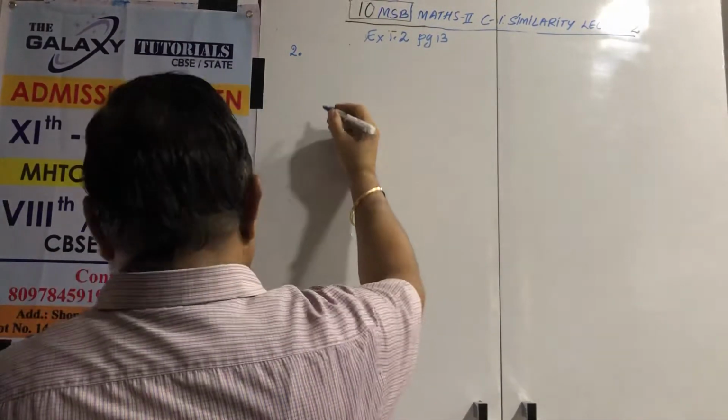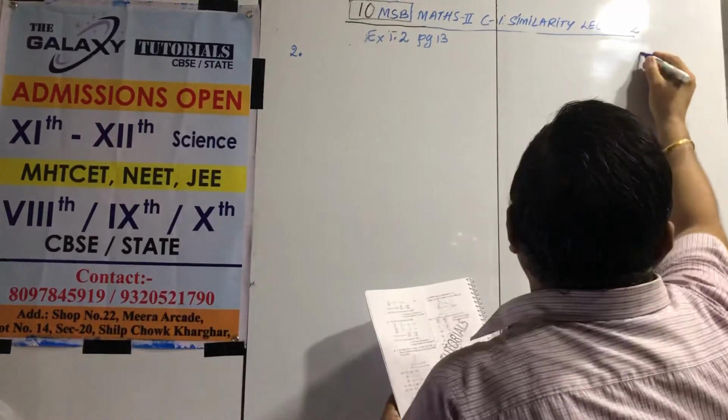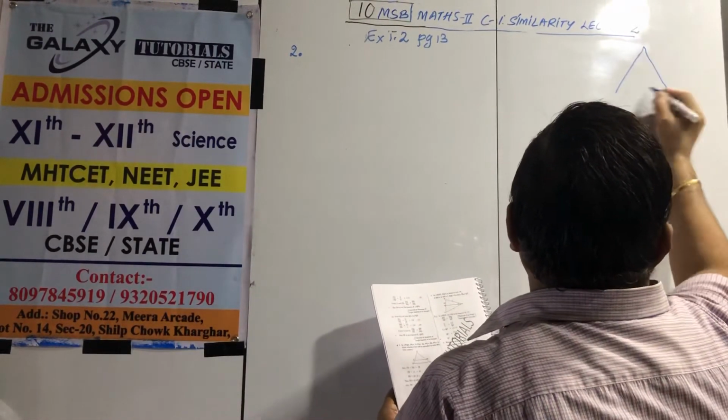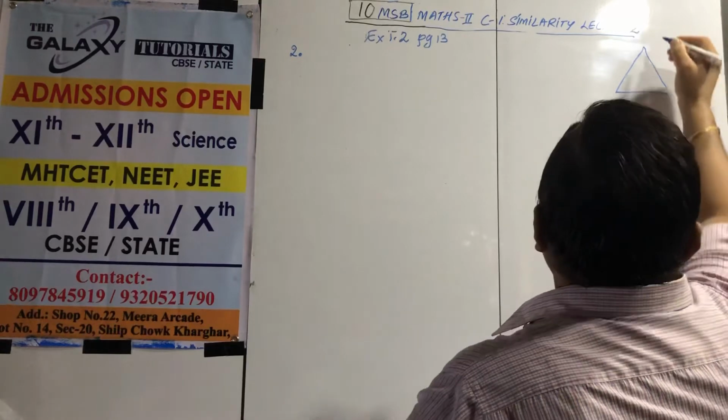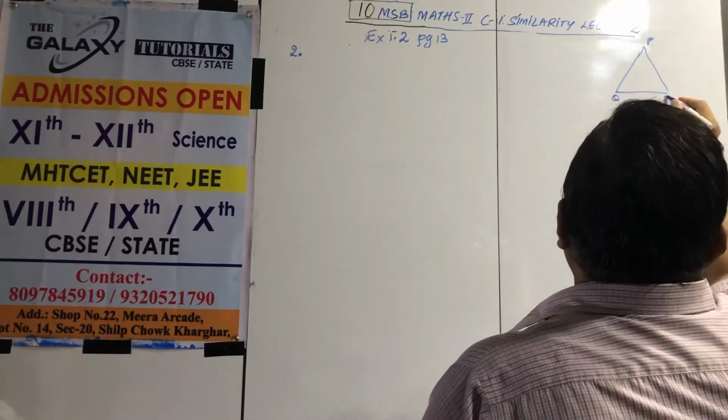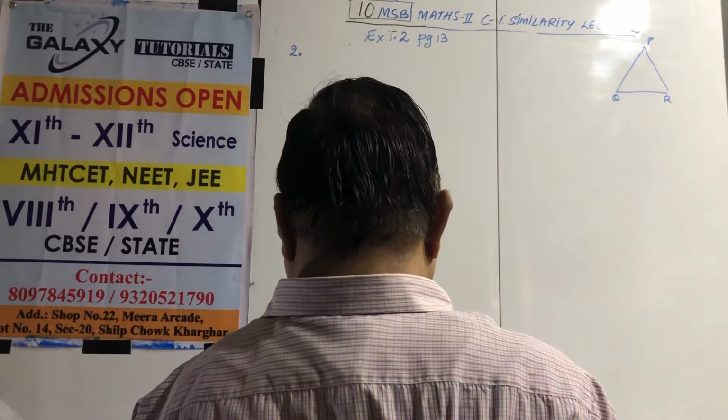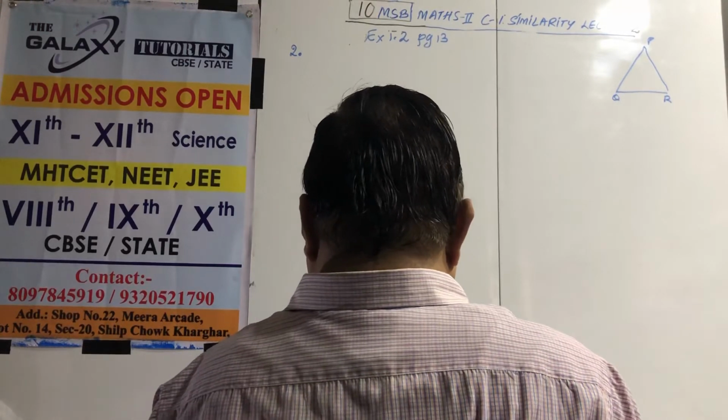In triangle PQR, I am given a triangle PQR. In this triangle, PM is 15.